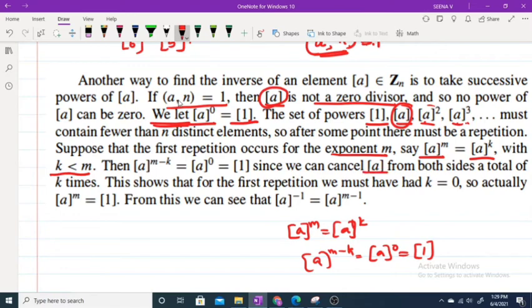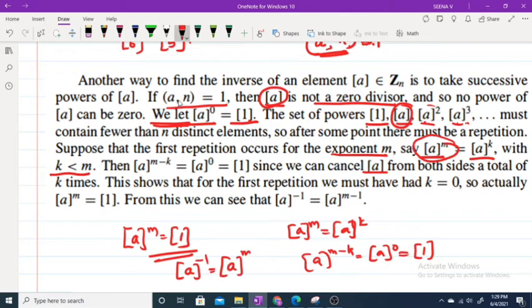For this first repetition, this happens only if k equals 0. That is, we get a raised to m is equal to 1. From this we get a inverse is equal to a raised to m minus 1.